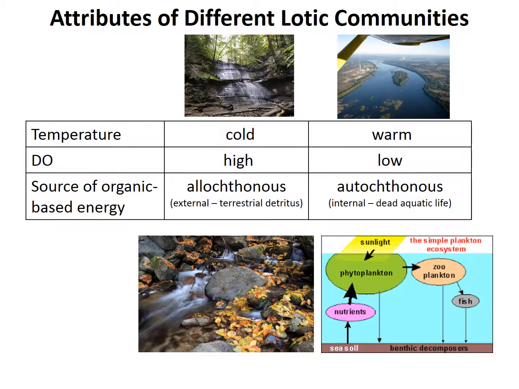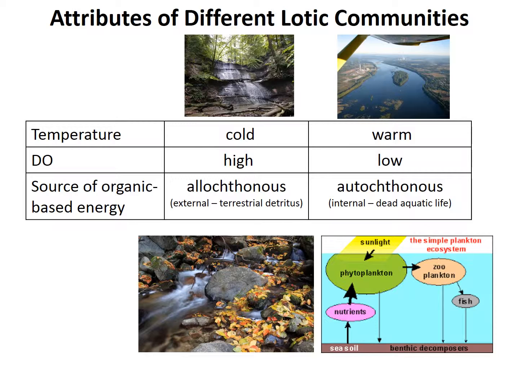In a large river system, the source of organic-based energy is internal. It's coming from the life that lives in that water body itself, starting with the phytoplankton that's able to capture the energy from the sun and turn it into an organic-based molecule.